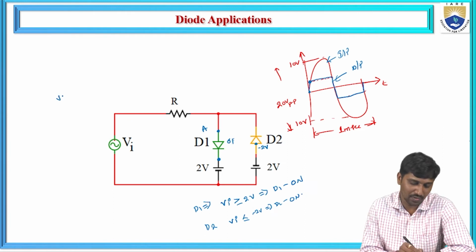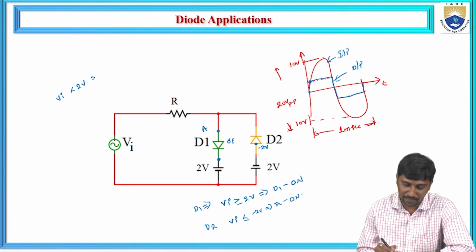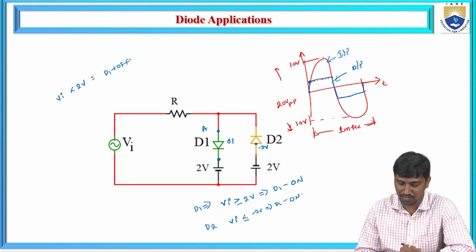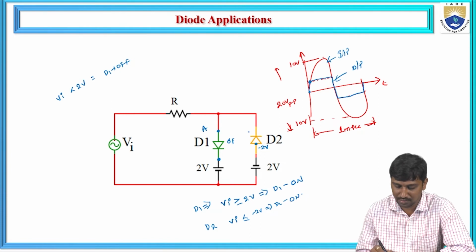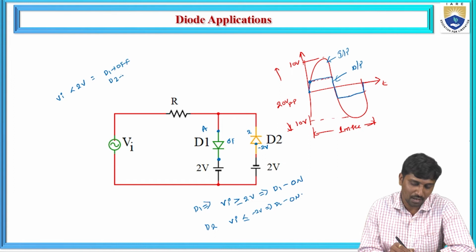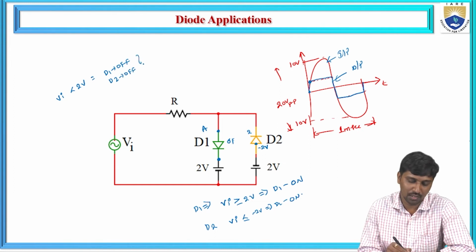When Vi is less than 2 volts, D1 acts as the off state. And here this is again 2 volts, but this is minus 2 volts, so there is more voltage across the cathode. Hence D2 is also in the off state. At this point these two diodes are replaced with an open circuit.